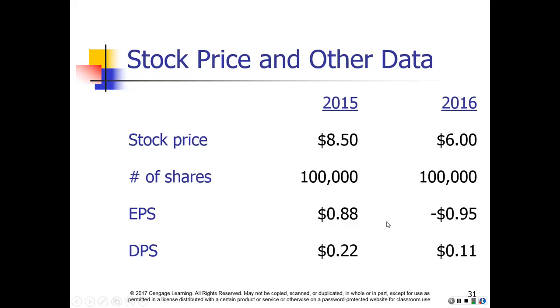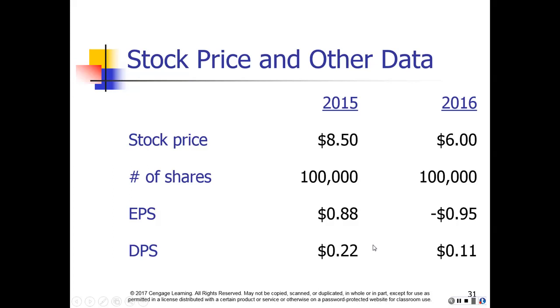That's earnings per share. You take the net income for 2016, that was negative, I'm sorry, negative 95,136, divided by 100,000 shares outstanding, and you'll get minus 0.95.